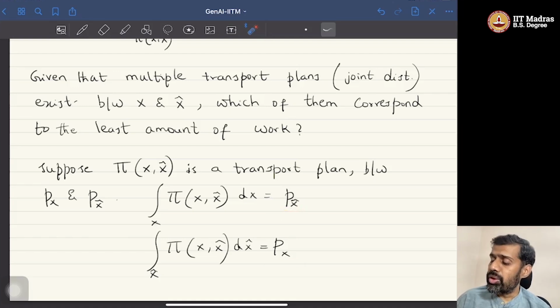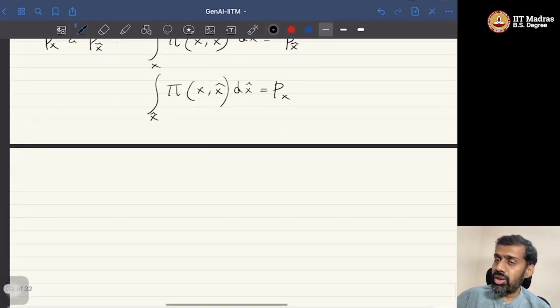Okay, now suppose pi of x comma x cap is a transport plan between px and px cap, and we have a condition over pi that the marginals have to be equal to px and px cap. The question that we want to ask is, given that multiple joint distributions exist such that this happens, which of them corresponds to the least amount of work done? How do we get that? We get that by solving an optimization problem.